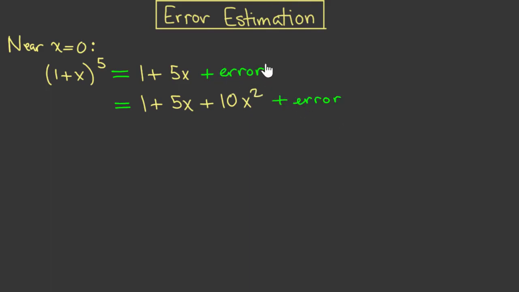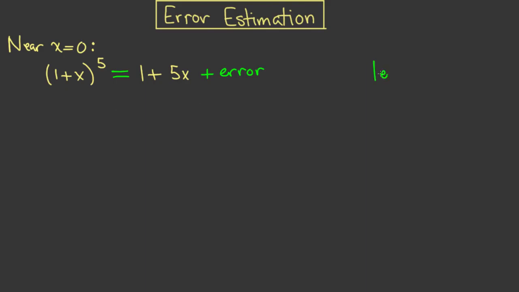What I want to do is get a handle on the order of magnitude of this error function. The size of this error term quantifies how accurate these approximations are. Typically, the quadratic approximation is more accurate than the linear approximation, but we need a way to quantify exactly what that means. So for now, we're going to restrict our attention to the linear approximation and its error term.